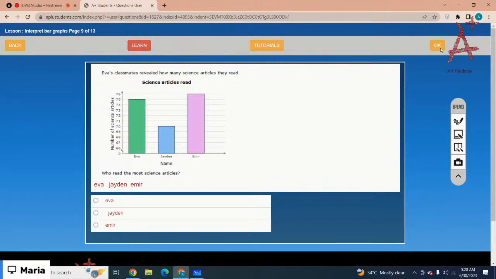Who has the longest bar? Here is the longest line.